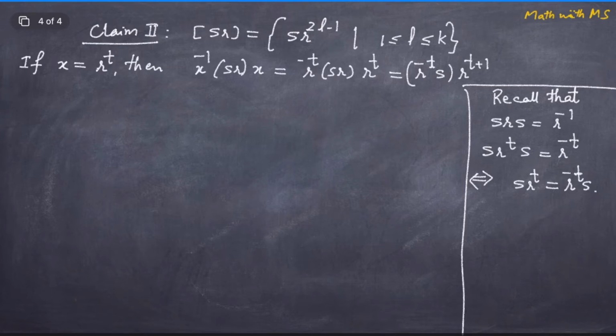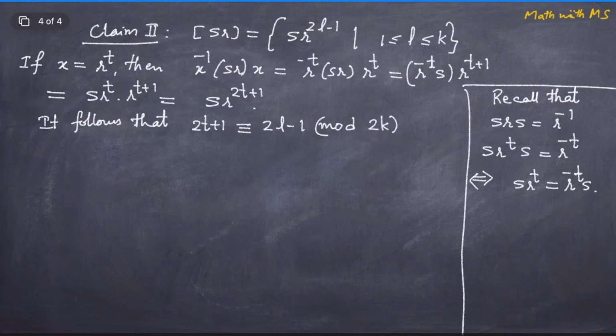So this is what we are going to use here. So this is the same as s r^t r^(t+1), right? But then it becomes s times r^(2t+1).